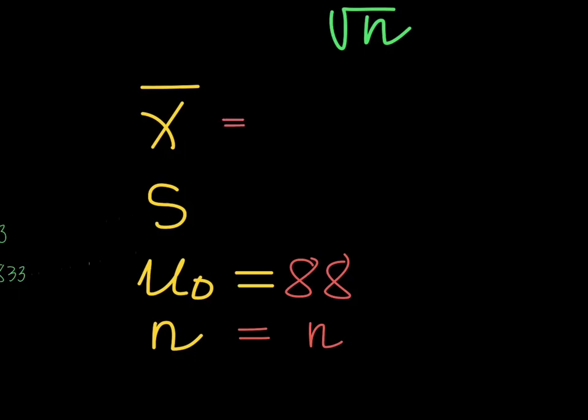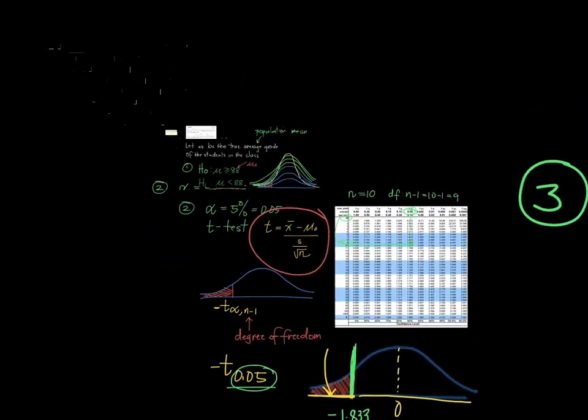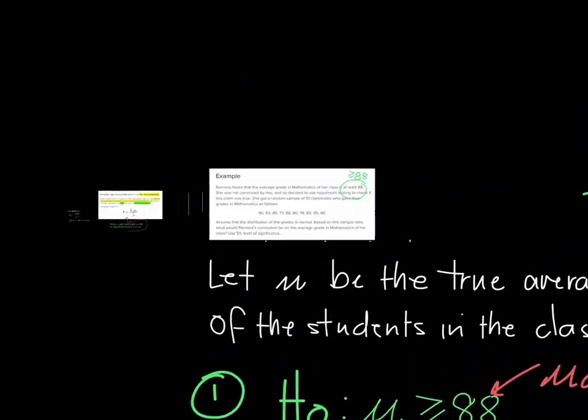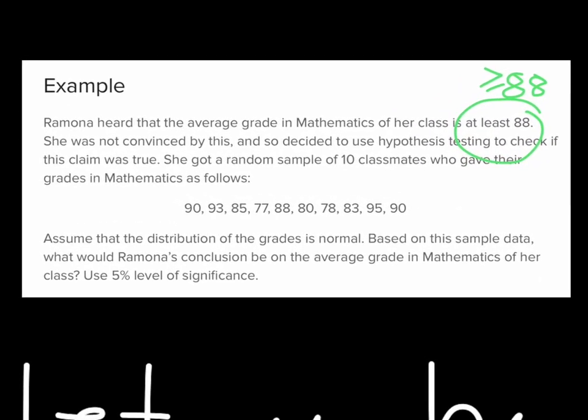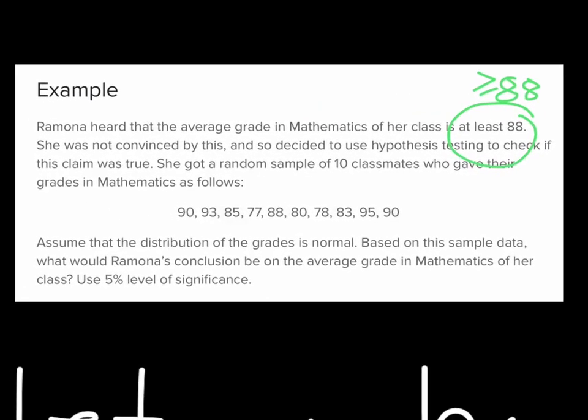Now for the x bar and the sample standard deviation, we have to make use of our data, and these are the numbers that are the scores of the students we sampled. So we have these 10 numbers here.